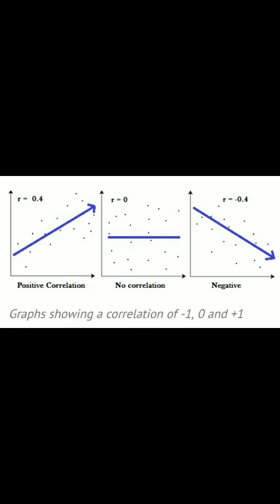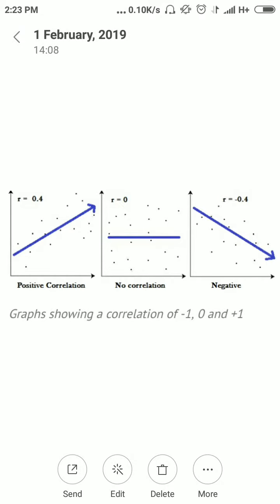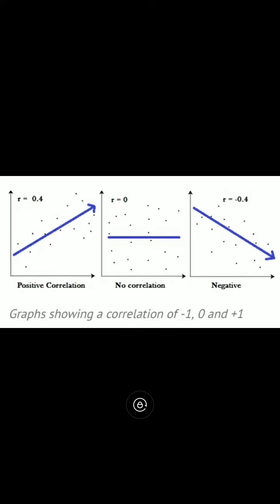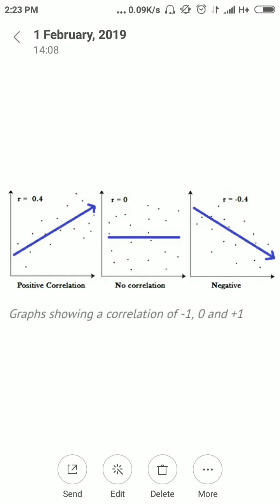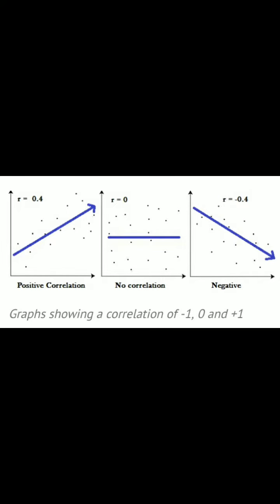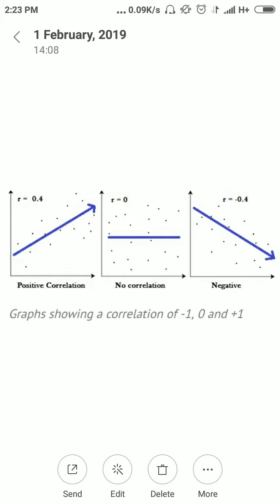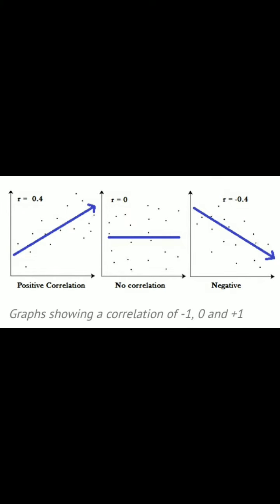Now this is a graphical representation of correlations. The first graph shows positive correlation. Here R is the Pearson correlation coefficient, or product moment correlation coefficient. The second graph shows no correlation at all, because you can see that the samples are distributed unevenly.